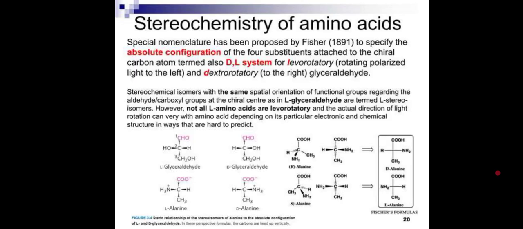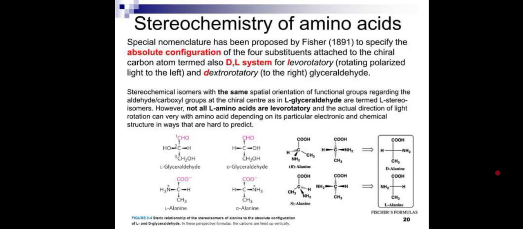Most especially, they are found in bacteria, in the bacterial cell wall. We have them in antibiotics. We have them in neurotransmitters in invertebrate organisms. So these things are very important.